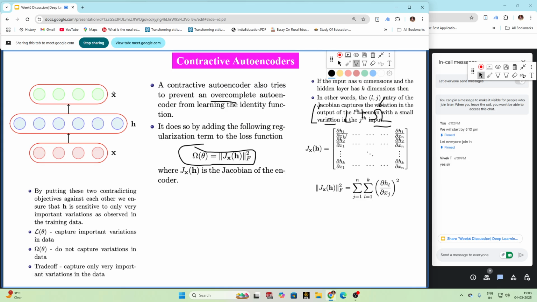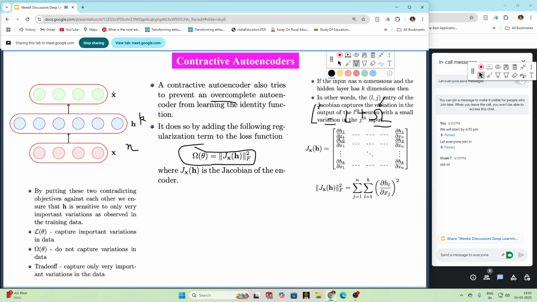So if I have n inputs, that is, n neurons in the input layer, and k neurons in the encoding layer, then this is the Jacobian matrix. The first row consists of del h1 by del x1, del h1 by del x2, del h1 by del x3, up to del h1 by del xn.